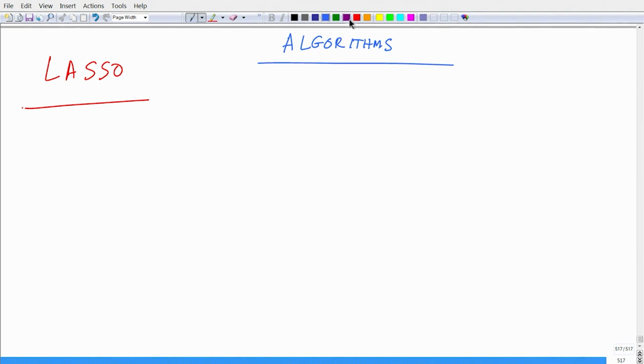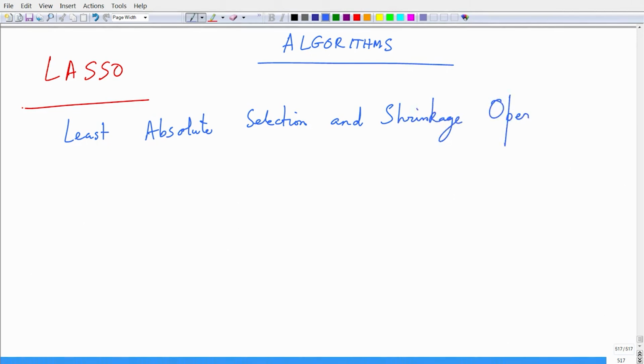Now the lasso stands for least absolute selection and shrinkage operator.